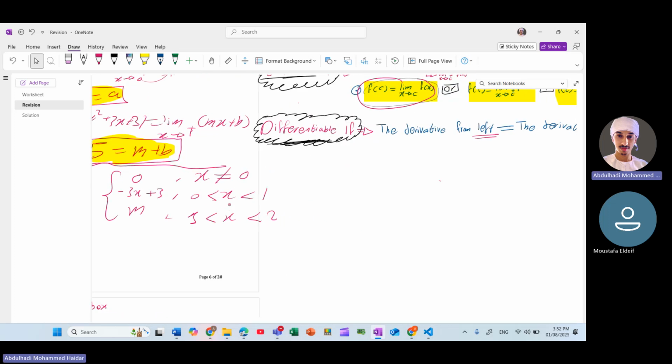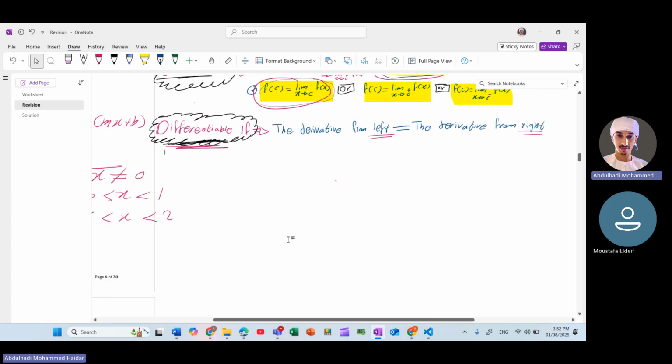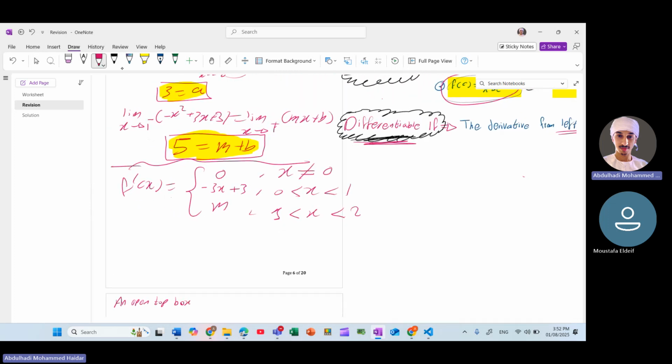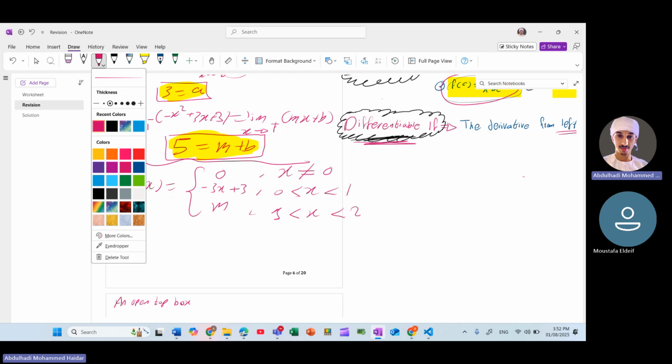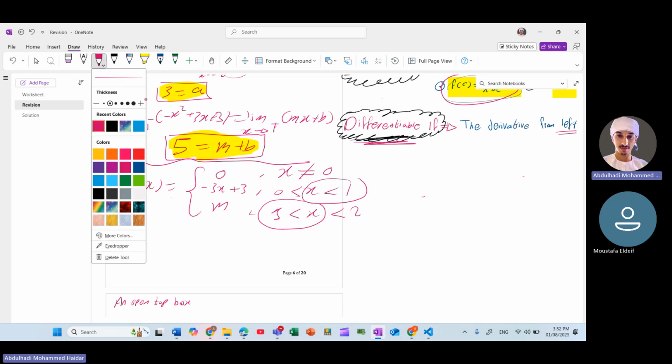I want to use this formula. It says that the derivative from left equals the derivative from right. So which number has both sides, left and right? The only one is number 1. Less than means left, greater than means right.